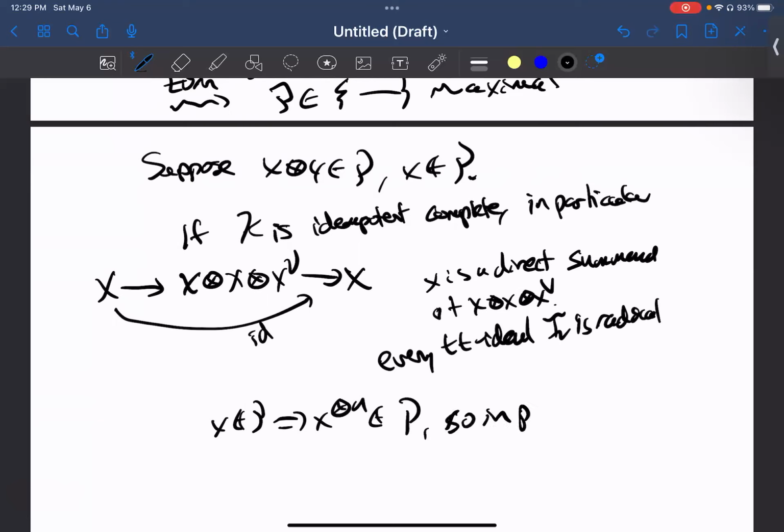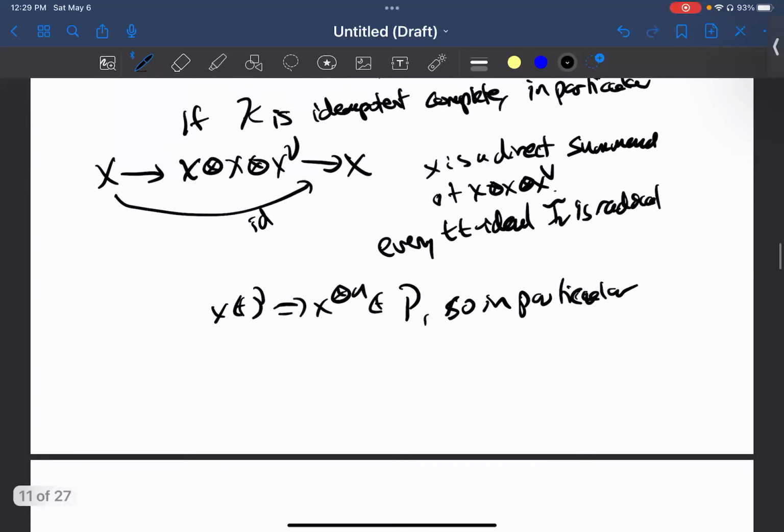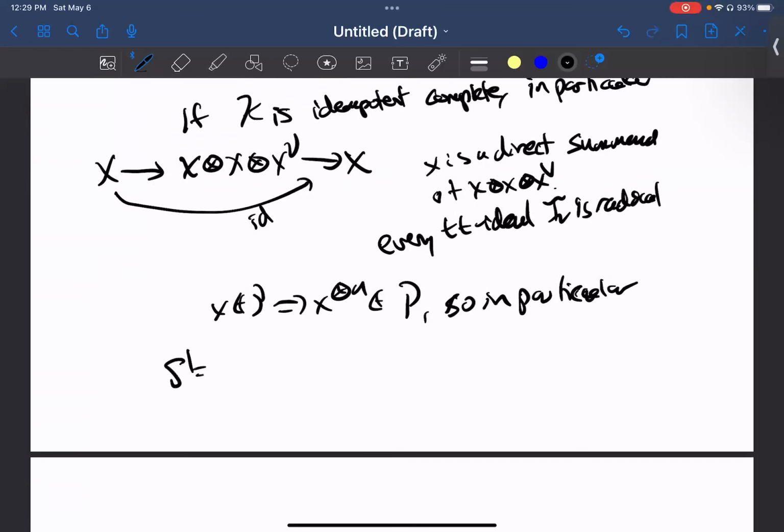So in particular, if we take S prime to be the set of X to the tensor N tensor S, such that N is greater than or equal to 0, and S is in S, this is multiplicative.